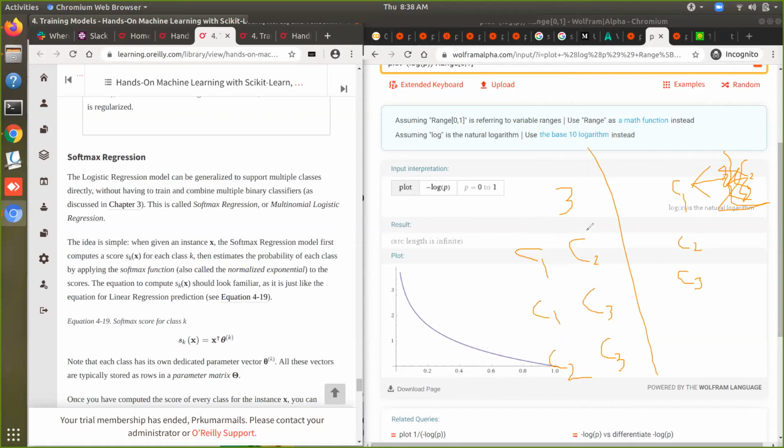In one versus one, we will be finding whether it is class 1 or class 2, class 1 or class 3, class 2 or class 3. But in one versus rest, we will be finding whether it is class 1 or not class 1. So let's stick with one versus rest now.